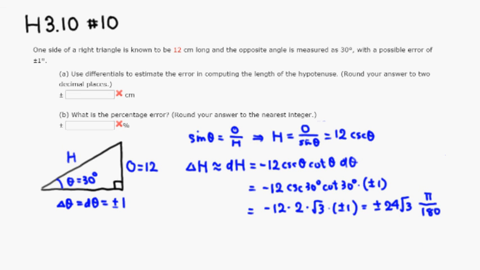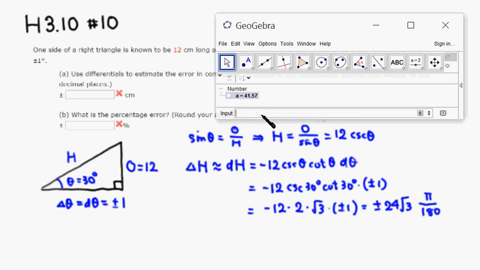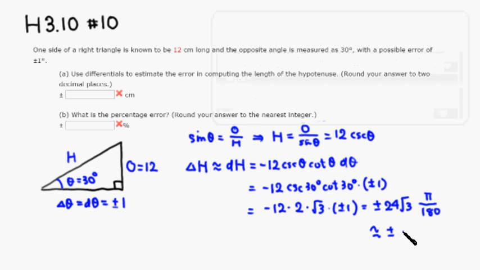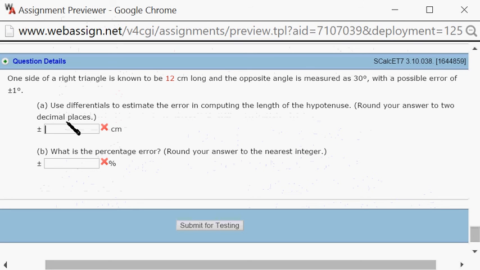Let's compute that: 24 square root of 3, then multiply by pi, divide by 180. It came out to be 0.73, so this is about plus or minus 0.73. Let's type it in.